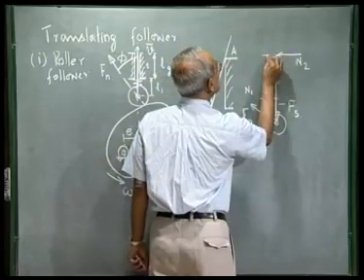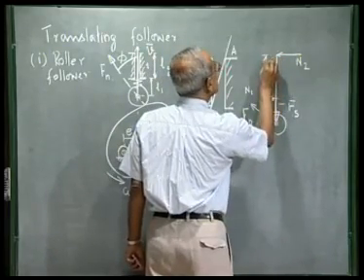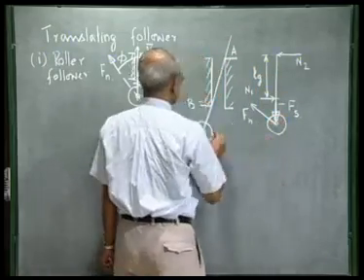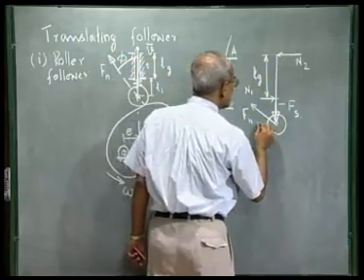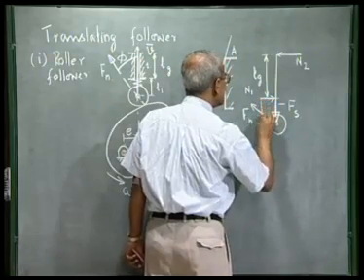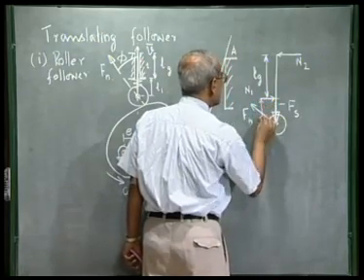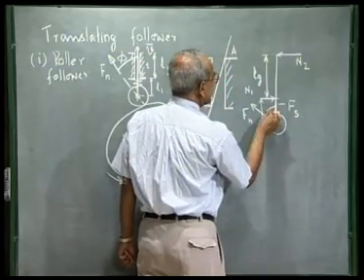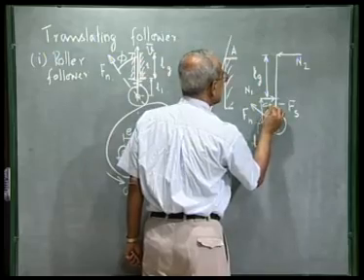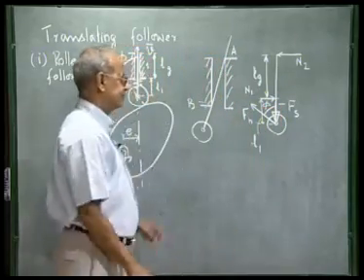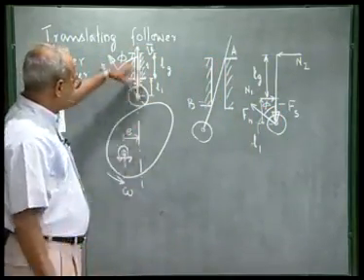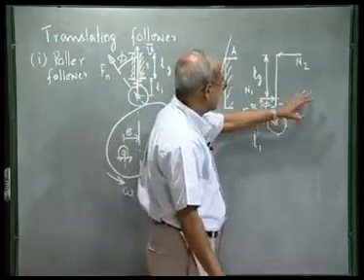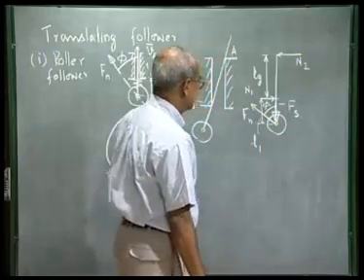and this distance we have taken to be length of the guide as Lg, and the distance of the point B from this point, this we have called L1, and this angle is the pressure angle phi. So, as we said, we are neglecting the acceleration of the follower, so we do a static analysis and see the relationship between these forces.